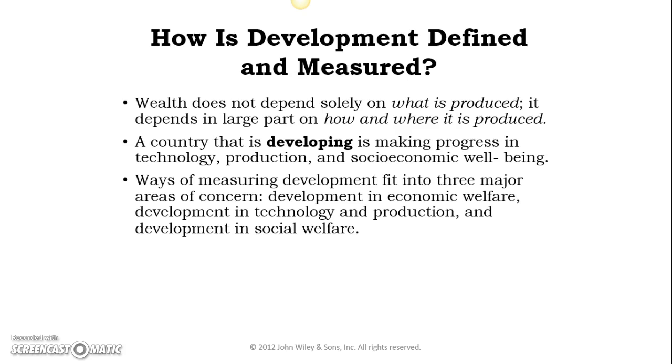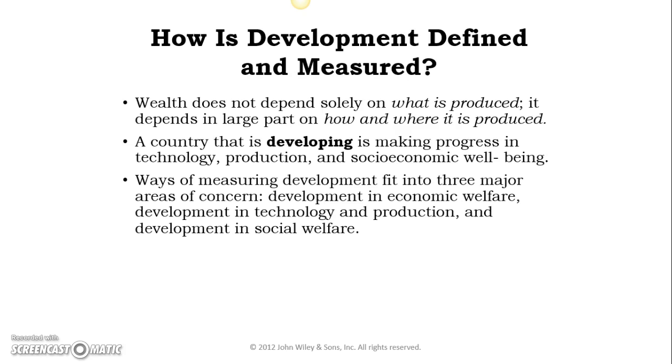They're making progress in terms of production, so they're building up their economic well-being, and also what's called socioeconomic well-being. Socioeconomic is kind of a broad category, but it encompasses not just money and economics, but also some of those more fuzzy, feel-good ways of measuring development. So how's the society as a whole doing?